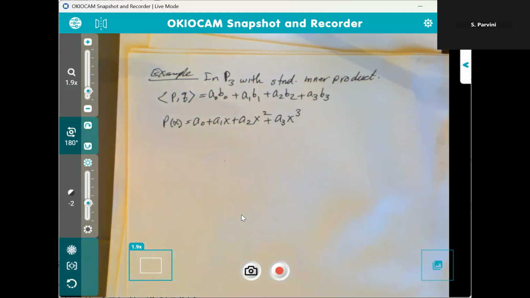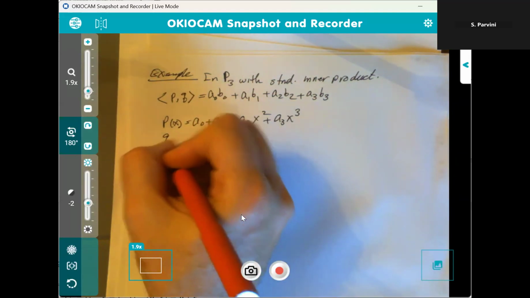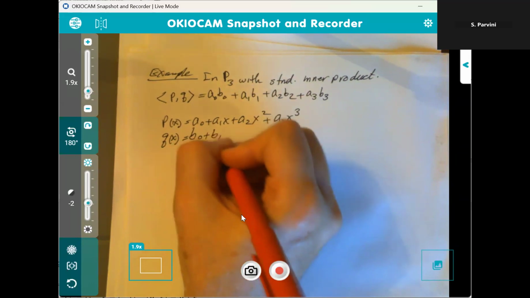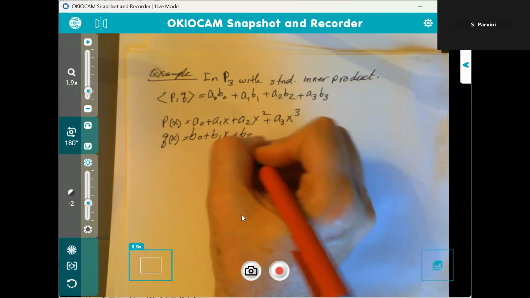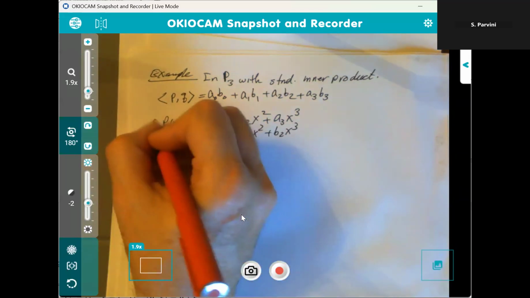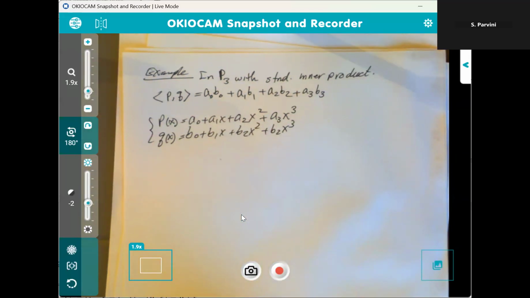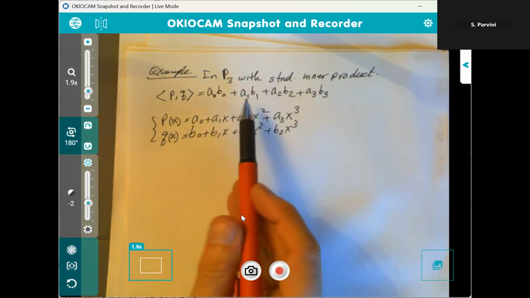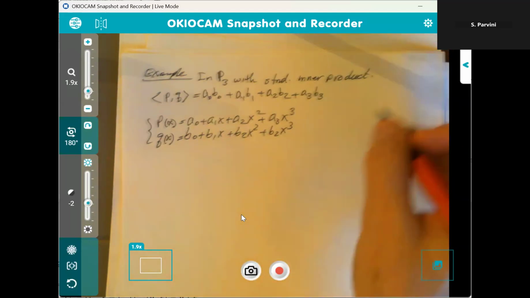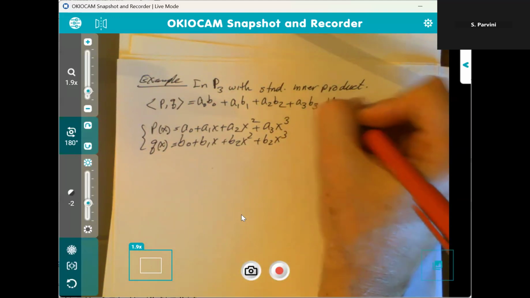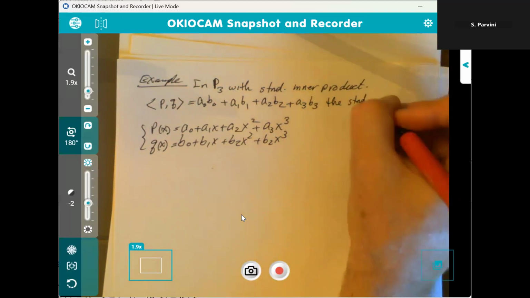That's what p of x is. And of course, q of x would be written similarly: the constant, the coefficient on x, the coefficient on x squared, and the coefficient on the x cubed term. Those are the two polynomials. So this inner product, suppose this is the standard basis. It is our standard basis here.